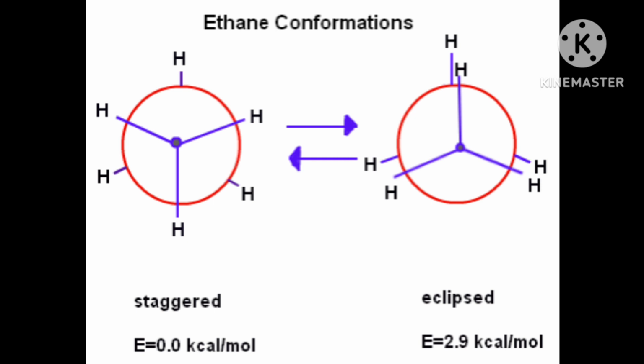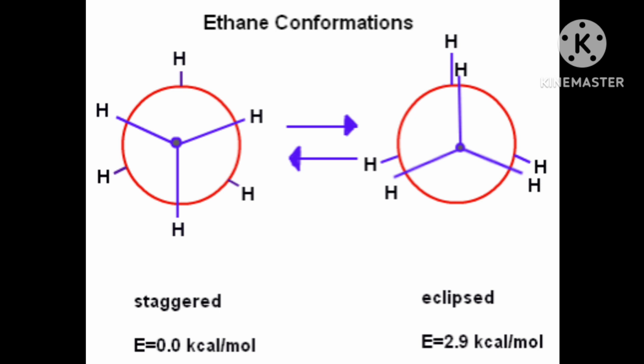So one such conformation in which hydrogen atoms attached to two carbon atoms are as close together as possible is called the eclipsed conformation.